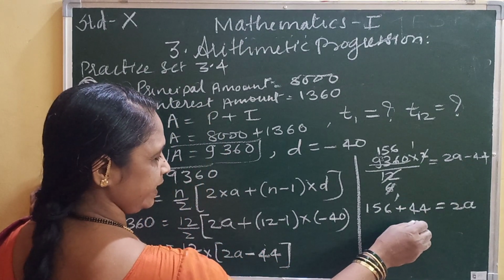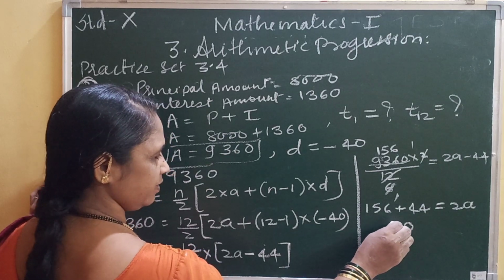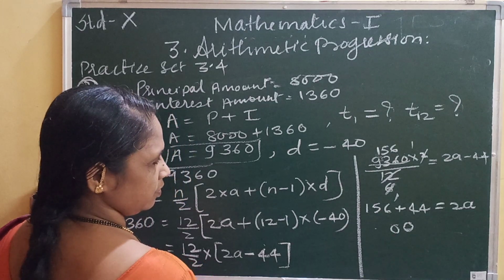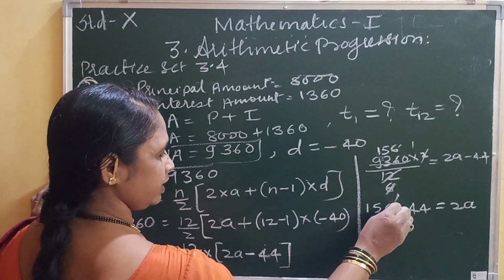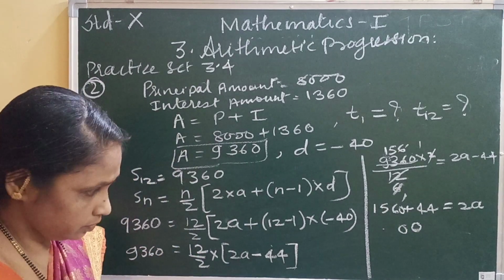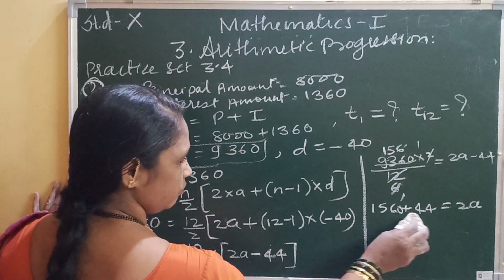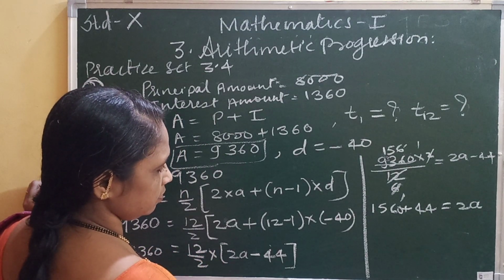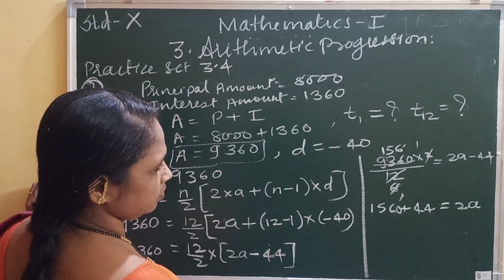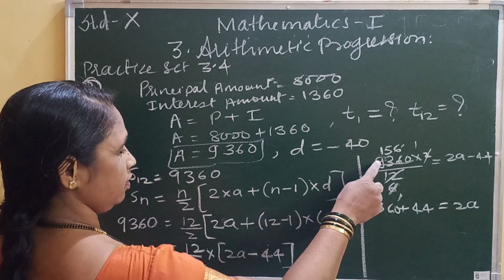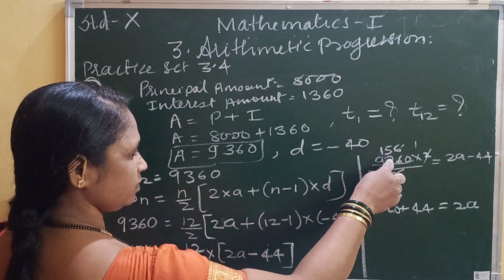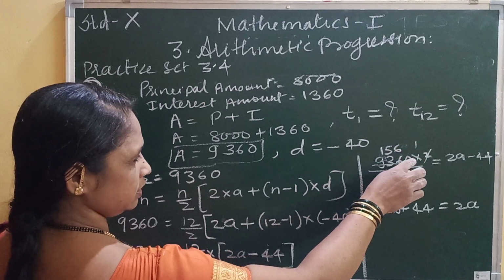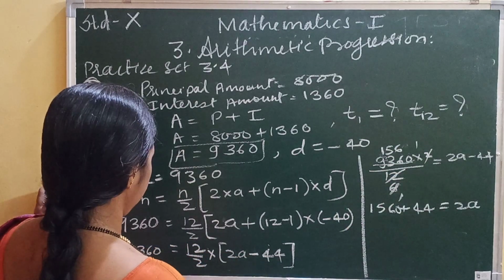So how much is it? 1 0 and 1, and this 0 remains. So it will be plus 44, 1000. 6 1s are 6, then 6 5s are 36, 60.